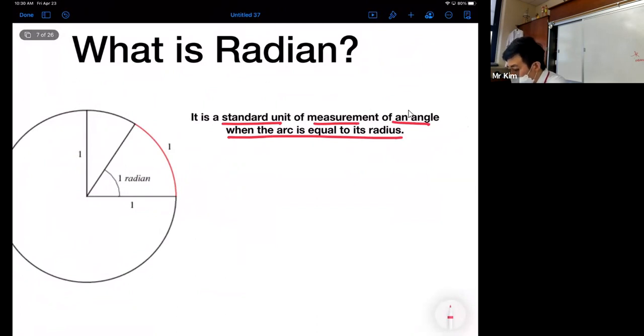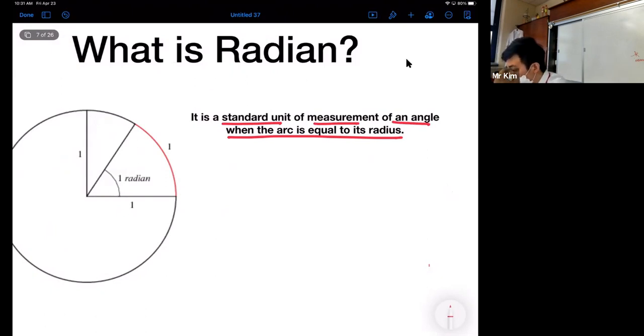I'm going to show you in just a bit, but first I need you to have the technical definition written down. Okay, and let me show you a quick animation here.